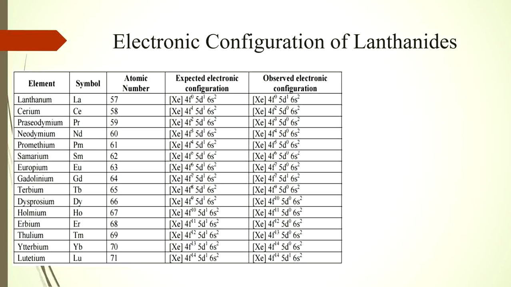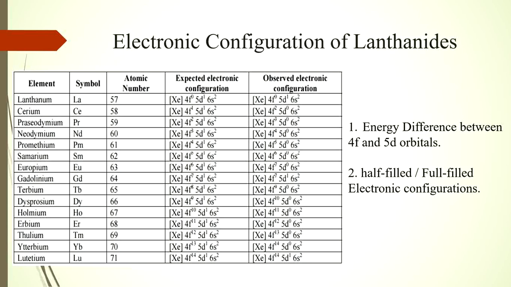In all these cases the 5d orbital remains vacant, whereas it should be singly filled. So this is basically the difference. The basic reason behind this difference is the energy difference between 4f and 5d orbitals, and the second is the half filled or full filled electronic configurations.